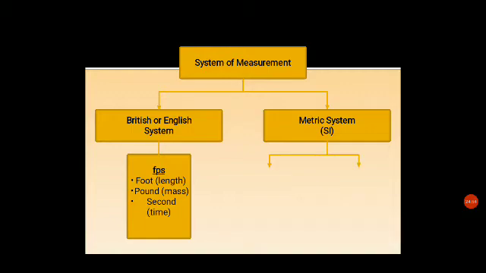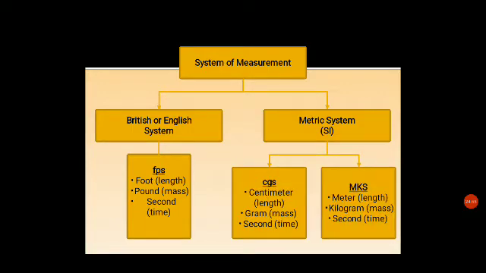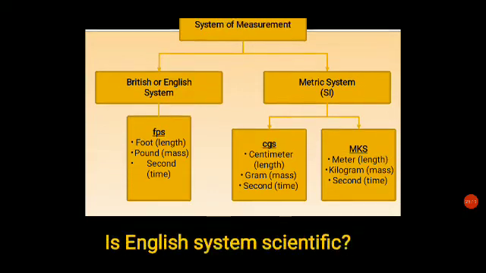For the metric, we have 2, the CGS and the MKS. CGS: centimeter, unit for length, gram, unit for mass, and second. For MKS, we have meter, unit of length, kilogram, unit of mass, and second, unit of time.